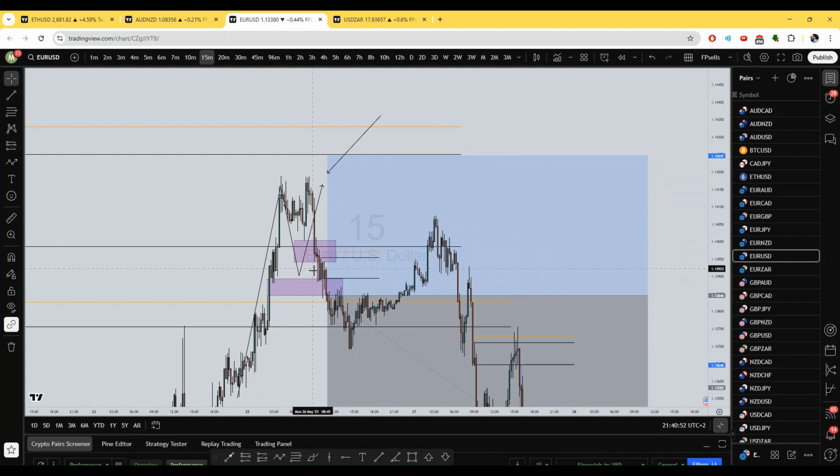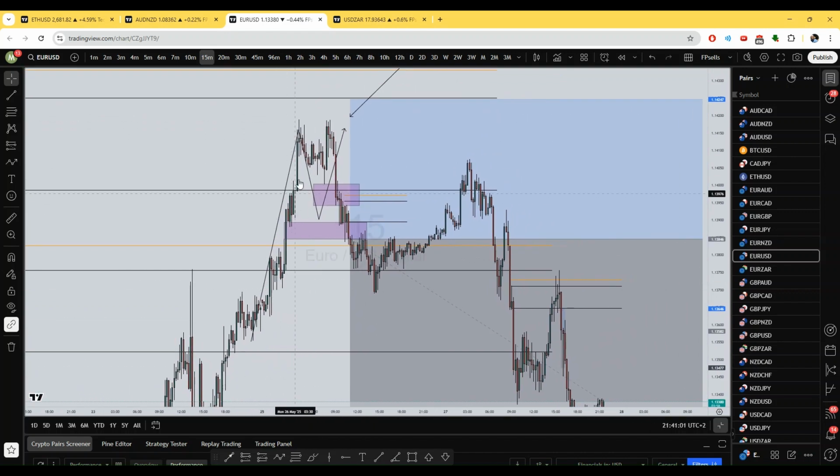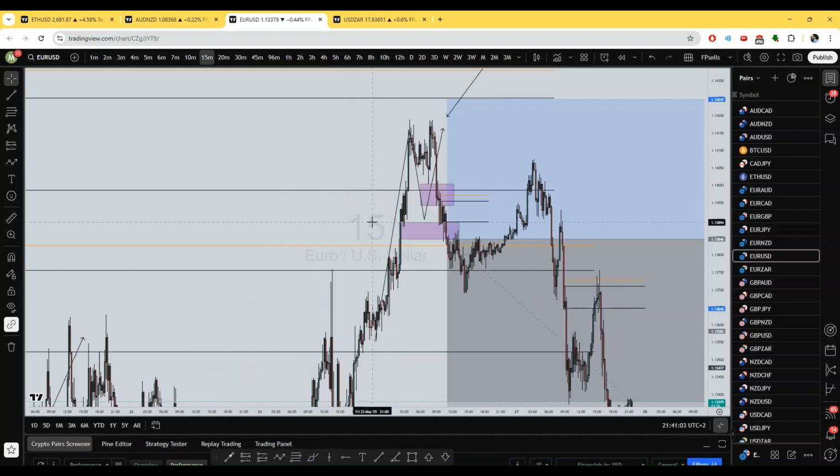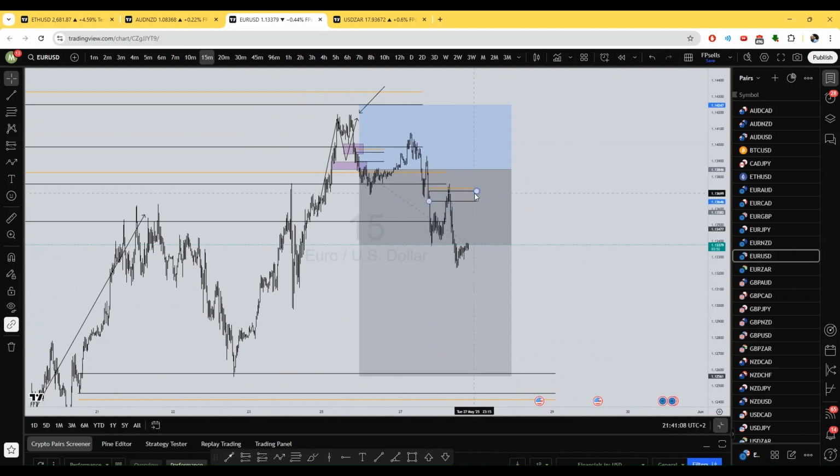So once I got this, I knew that the sellers are stepping into the market, and the strength is losing momentum. So that's when I got my entry here. And right now I'm in the trade.